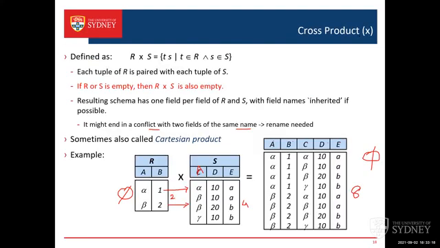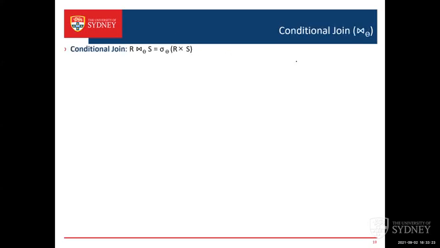Now we have some idea about cross product, so how can we join these two when we want to put a condition there? This is what we are familiar with now. This is simply a cross product of R and S, we are familiar with this symbol now, R cross S. Then we are also familiar with this, and this is the actual condition that I am writing, country equal to Australia. Whatever condition you are going to write in here, this whole thing we can write in a simple way using this.